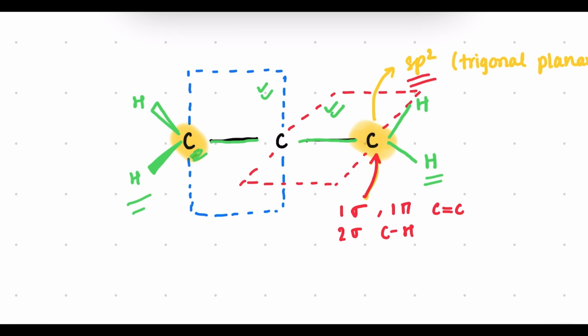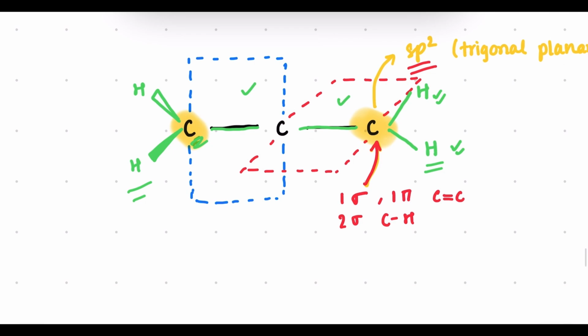Just remember that when it comes to these type of questions, get the planes of the carbons down. Just draw down those planes. And the next thing that you should remember is that these hydrogens, which are attached to the carbon, are in perpendicular planes compared to the previous plane between the carbon and carbon.